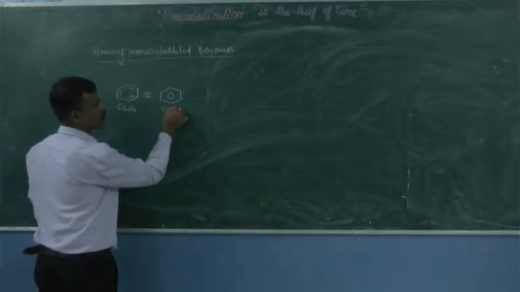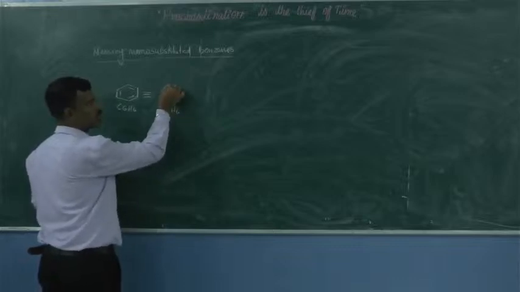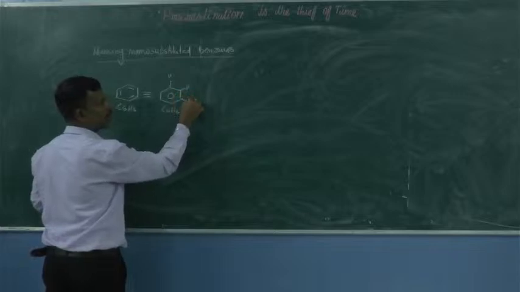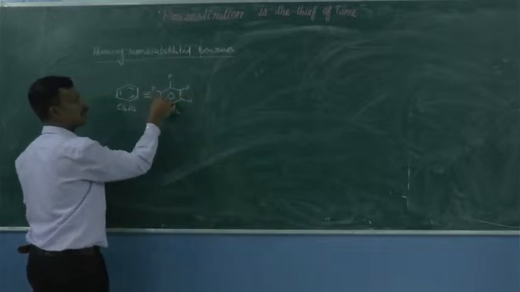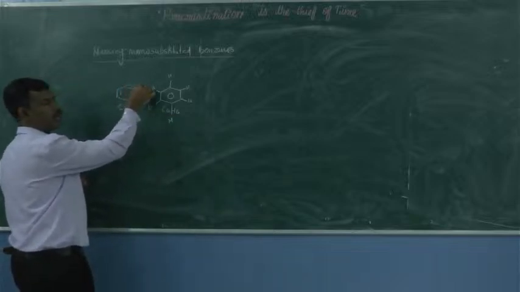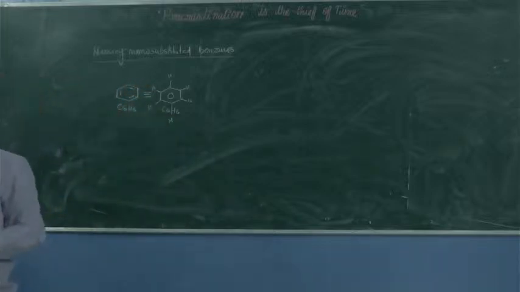So this also is going to be C6H6, where each carbon contains one hydrogen. Similarly, here also one hydrogen. So this is called unsubstituted benzene, because C6H6. Is it clear?